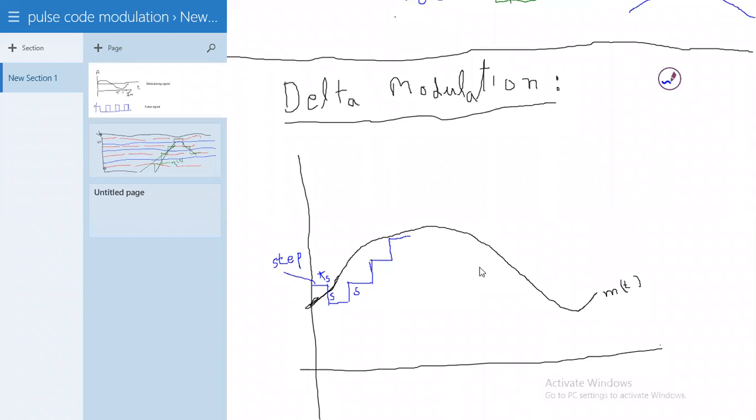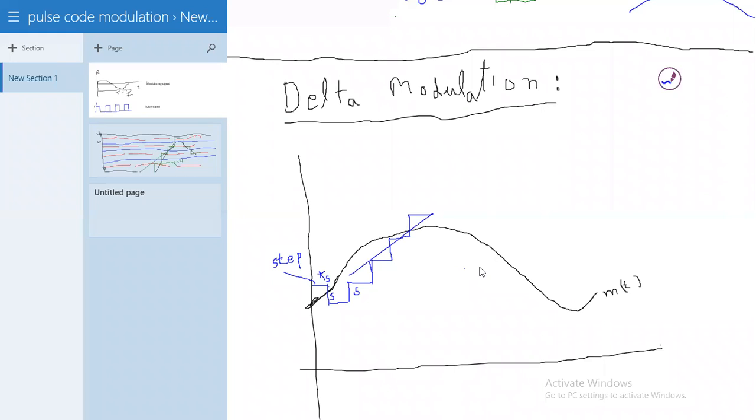Yes, ma'am. Then again here we compare the step signal with this modulating signal. The modulating signal is greater than the step signal, so the step signal is increased by 1 step, and then it stays Ts. After Ts seconds we compare the step signal with the modulating signal.